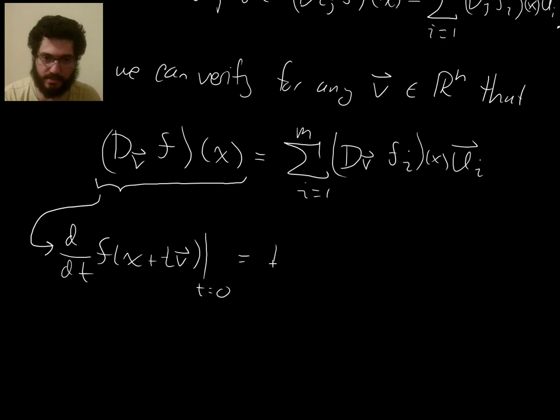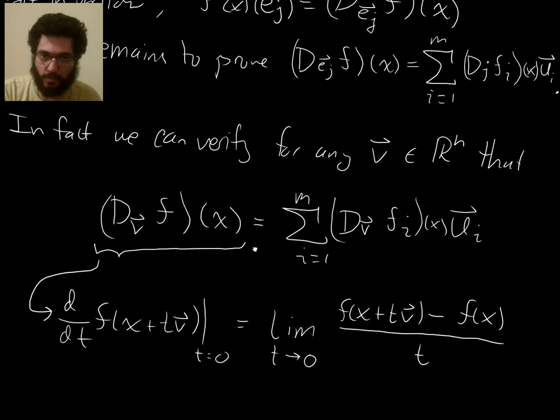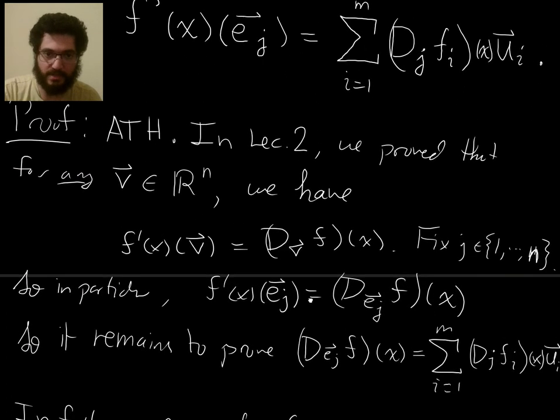So that means we have the limit as t goes to 0 of f of x plus tv minus f of x plus 0v, all divided by t. So we already know, in our reasoning, we already know this limit exists. In other words, we already know this directional derivative exists. We already know those things because we are referencing what we proved in a previous lecture.